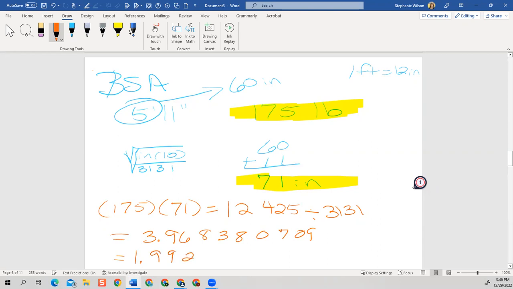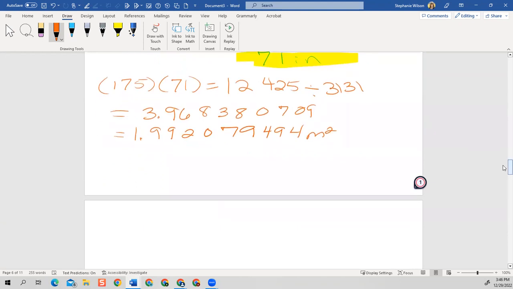Now the rounding rules state that you round to the nearest hundredth when you're solving for BSA. So the hundredth is the second decimal place. And I'm going to look behind it to determine if the number behind it is equal to or greater than 5. If it is, I'm going to add 1 to my hundredth.